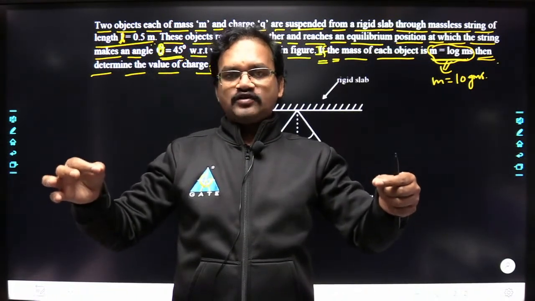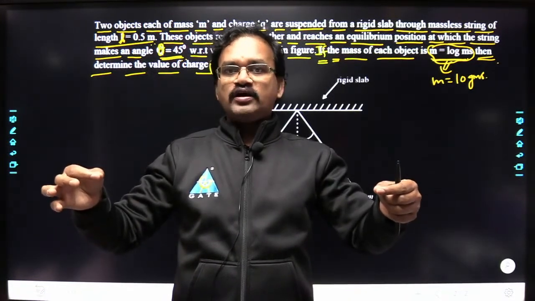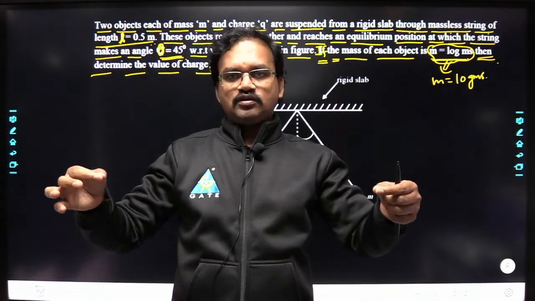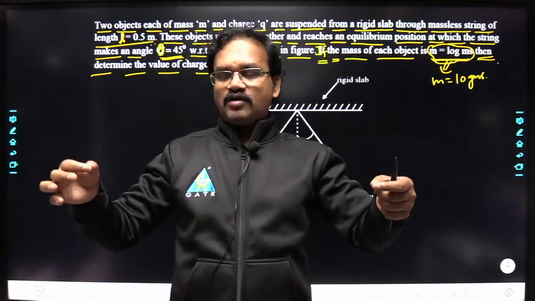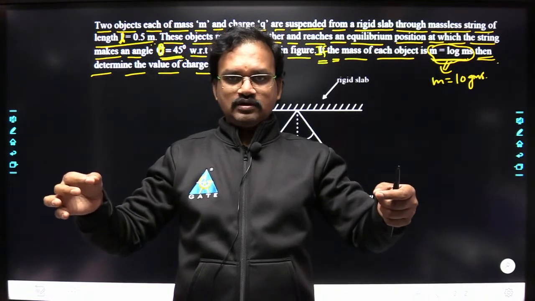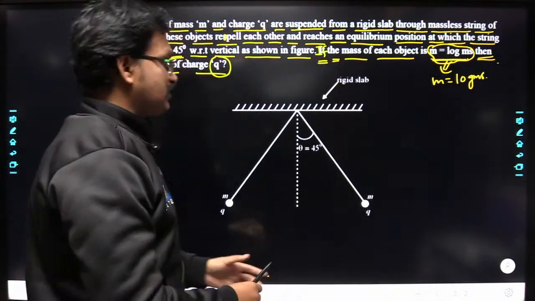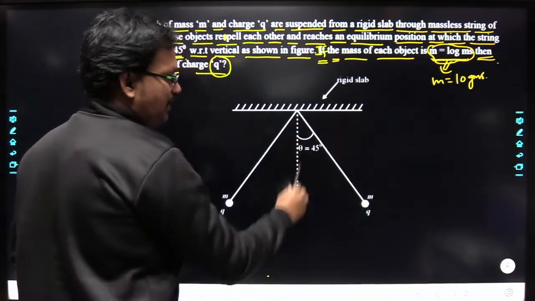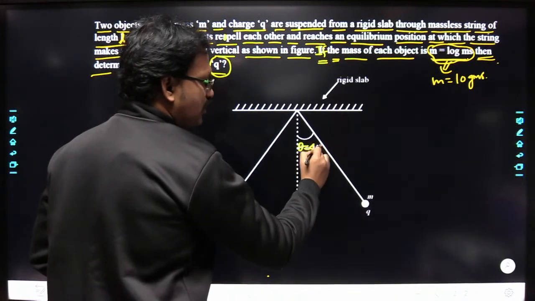That position we call the equilibrium position. Once they have reached the equilibrium position, it is given that this object is making an angle theta equal to 45 degrees.